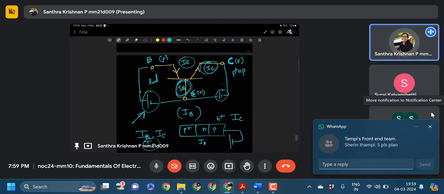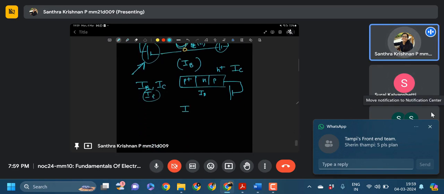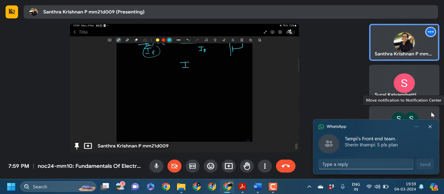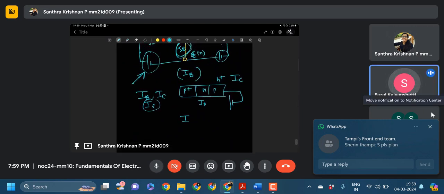In common base we are giving IE and taking out IB and IC. Here, IB is what we are giving in and we are taking out IC. Same thing, recombination losses.